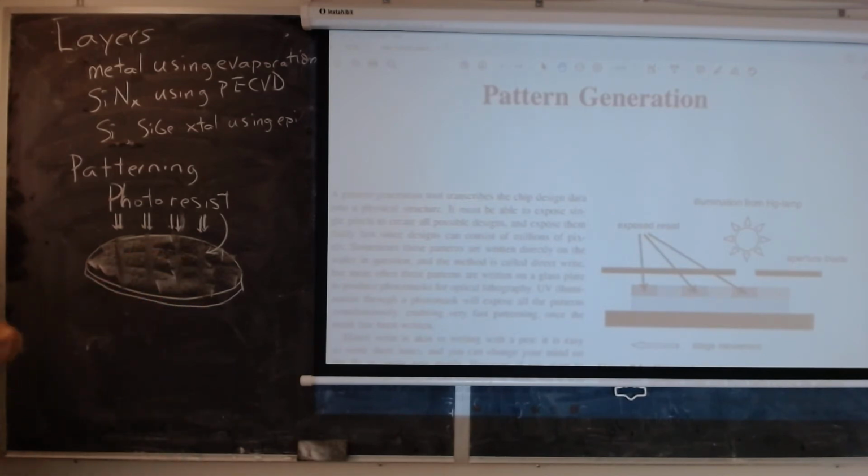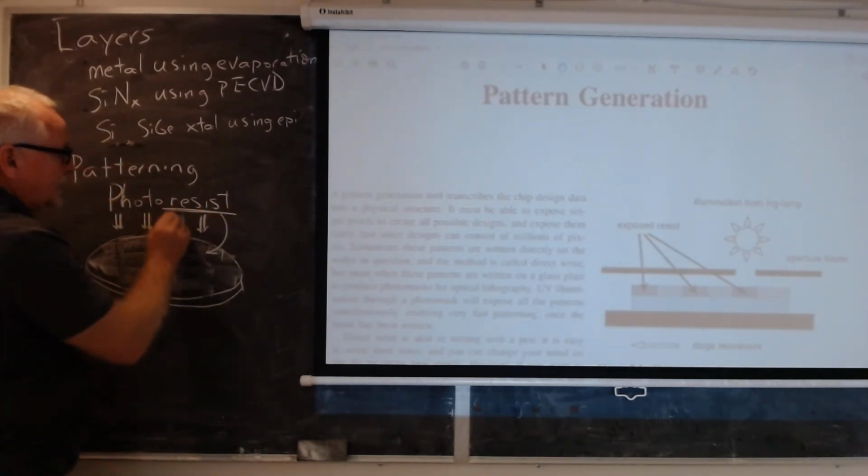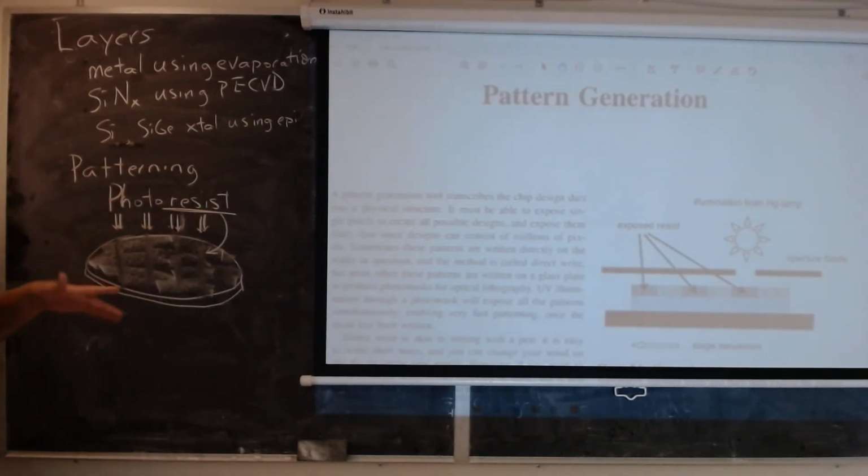So I can make patterns in the surface that then I could maybe use for lift-off, as we discussed. I can come down with metal and make lines of metal, or I could have had some other layer under here. I could use that as an etch mask. So there are various things I can do. And the word resist here basically means that it can act to resist whatever process you're doing next.